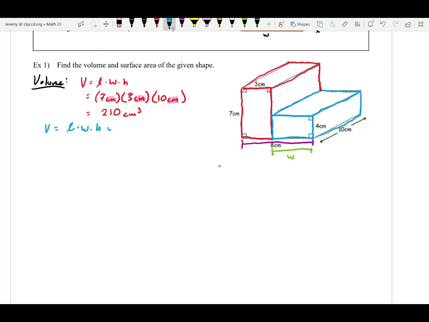Well, this little measurement right here, the width of the red box we were just talking about, is 3, right? So then 3 plus W should give us 8 centimeters. Maybe I'll just do this side work right here. 3 plus W should be equal to 8, so subtracting 3 from both sides, it looks like W is 5 centimeters.